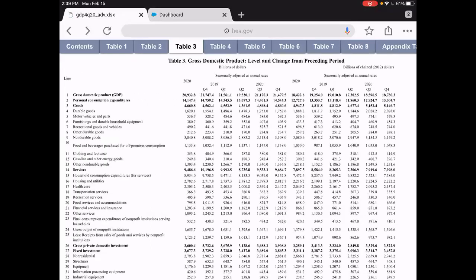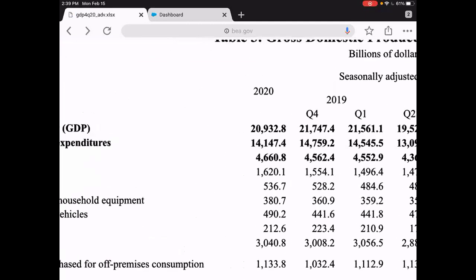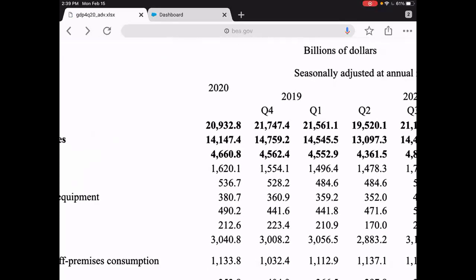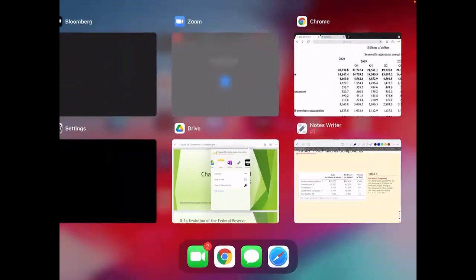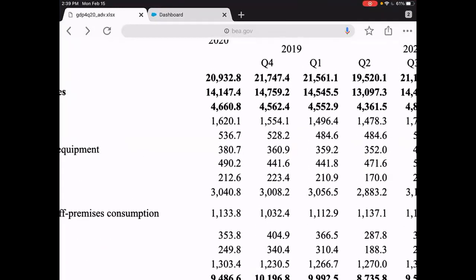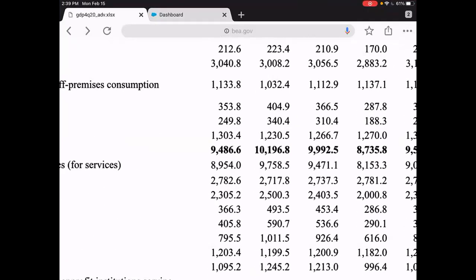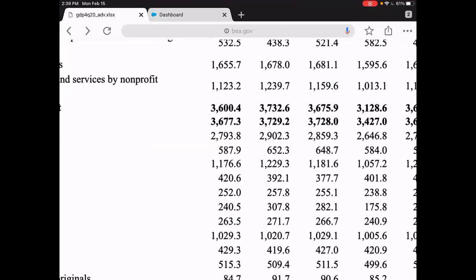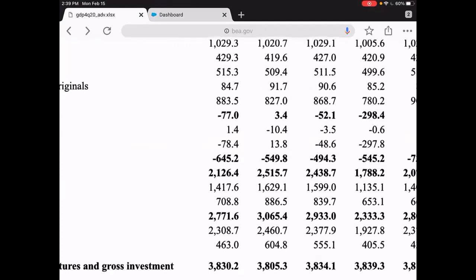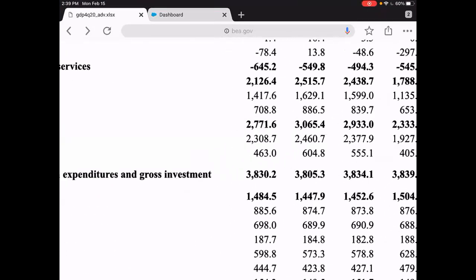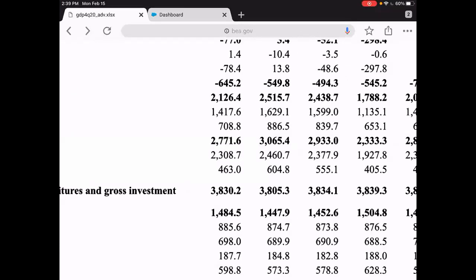I got my 20.9328 for total GDP. I got my 14.147, my 9.486, 3.60, adding up to the total.